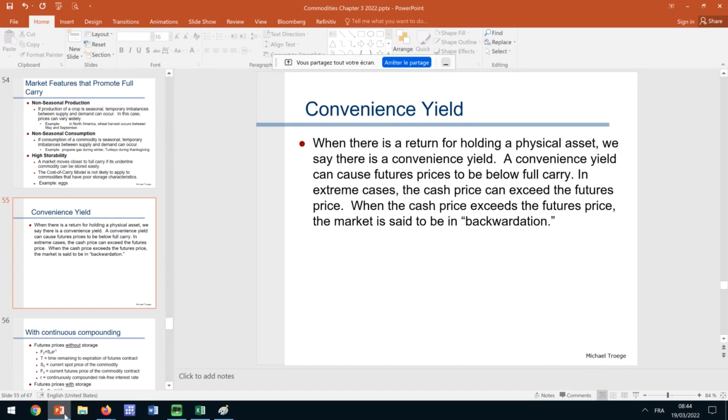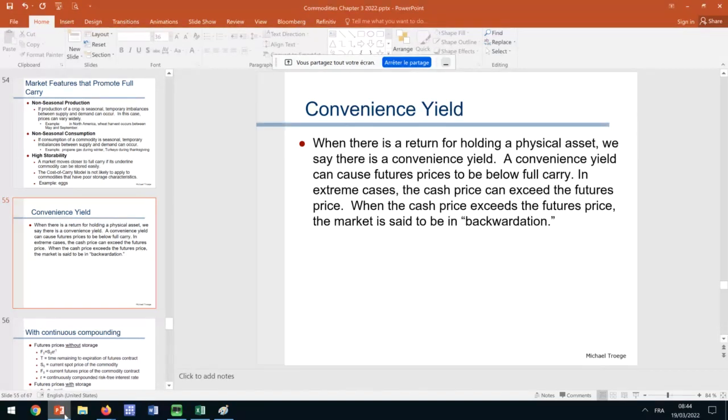So industrial producers often like to have the input materials in their own warehouse, and they're willing to pay a higher price for that, and that's one of the reasons why we will often see a convenience yield.